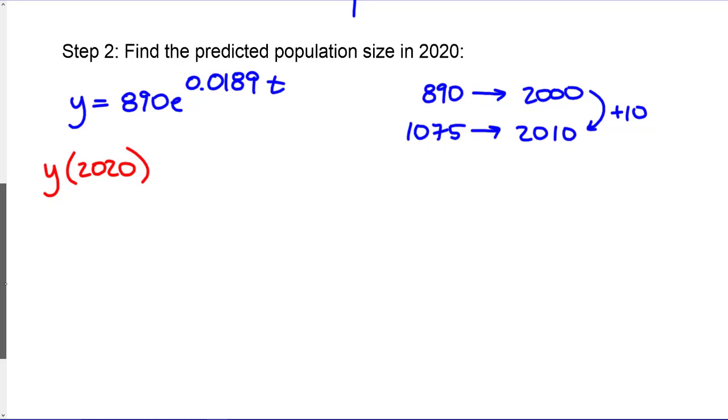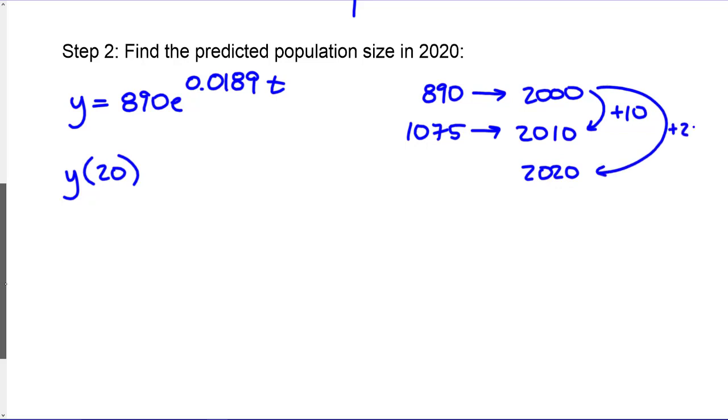And this model's probably not going to be accurate to that distance away. I'm actually going to do y of 20 because 2020 is 20 years away from 2000. So that's what I'm looking for, that population size.